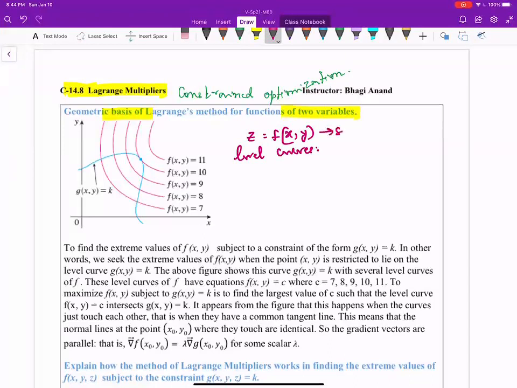This is a surface. Level curves are obtained by setting z equal to a constant, right? Horizontal plane. So you're finding the intersection of the surface with horizontal planes for different values of k.